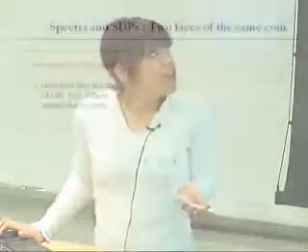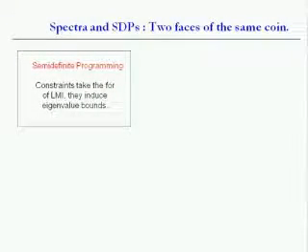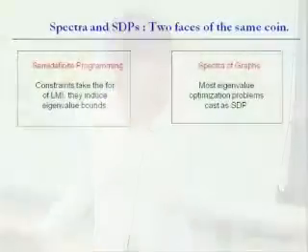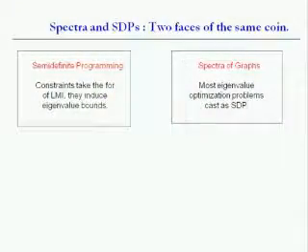So we have these two very popular areas. And basically, if you look at them closer, then you see that they're connected in more ways than one. In particular, the constraints of semi-definite programs take the form of linear matrix inequalities, and they use eigenvalue bounds. And on the other hand, most eigenvalue optimization problems can be cast into an SDP.